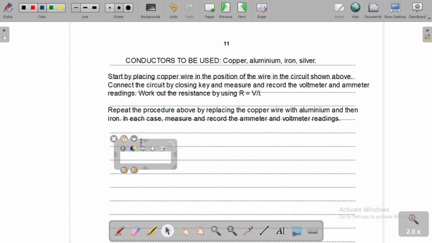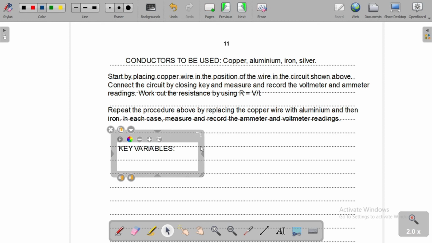We want to measure resistance, and then you need to look at the factors that affect resistance. The length of a wire affects resistance, the diameter or the thickness of the wire or the cross-sectional area. So these are the key variables to control.